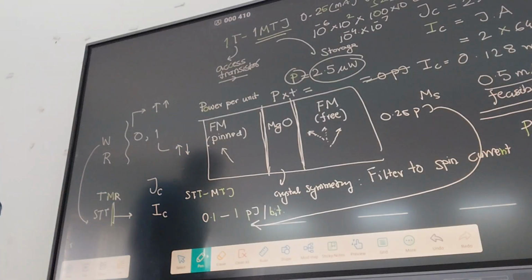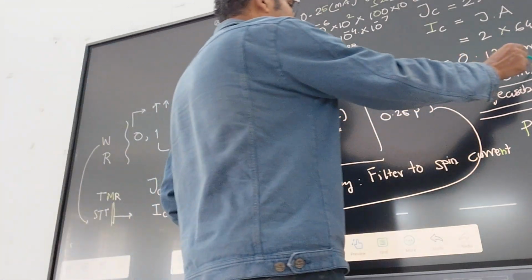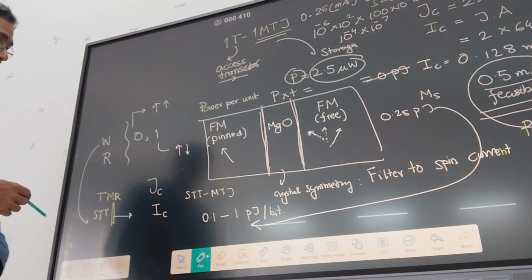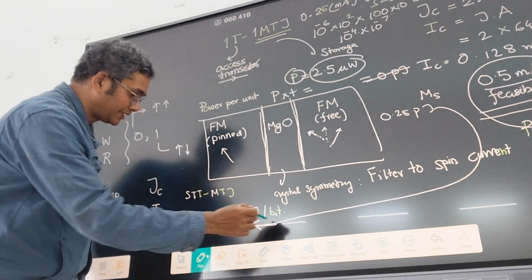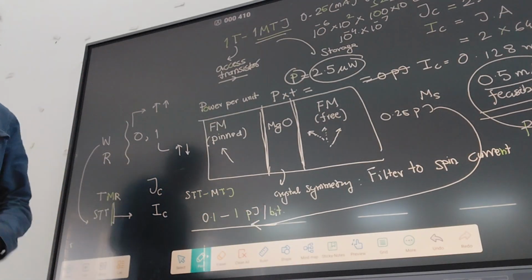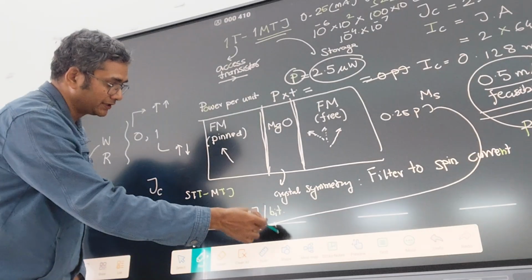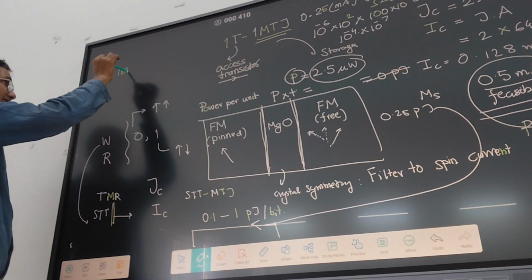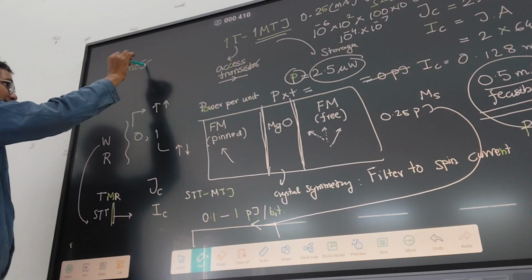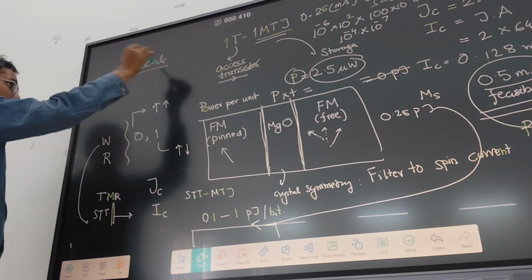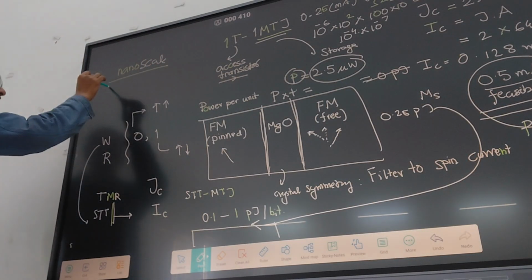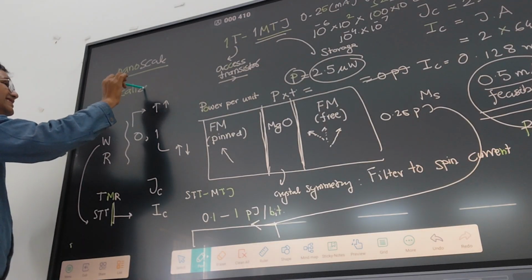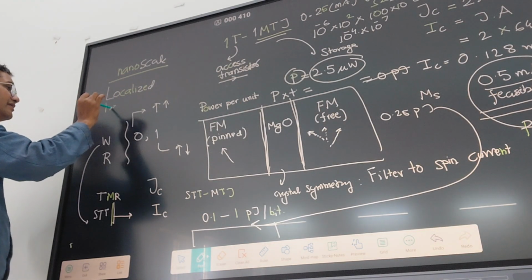But my question was whether this 0.5 milliampere was feasible or not. The answer is yes, it is feasible if you look theoretically. It is coming in this range. But whenever we go to the nanoscale, there are some localized heat generators.